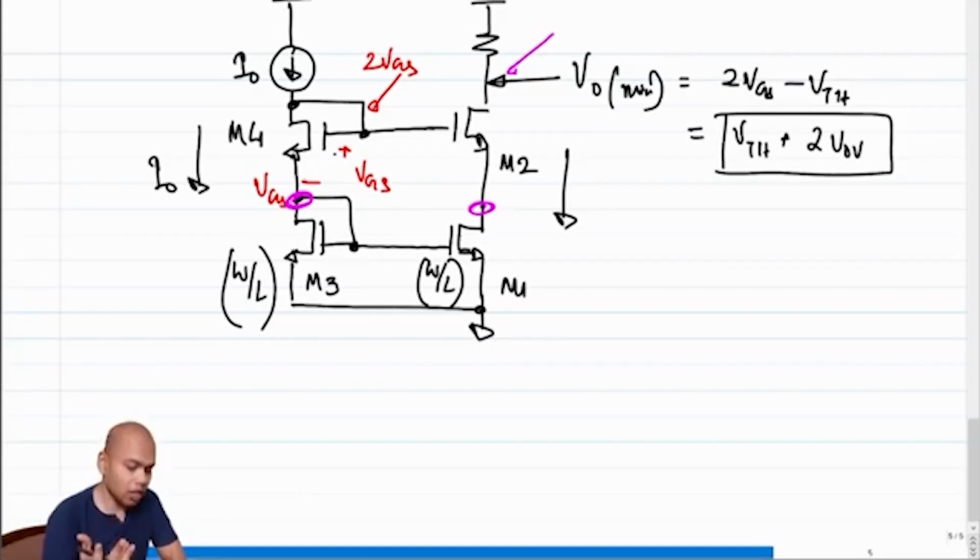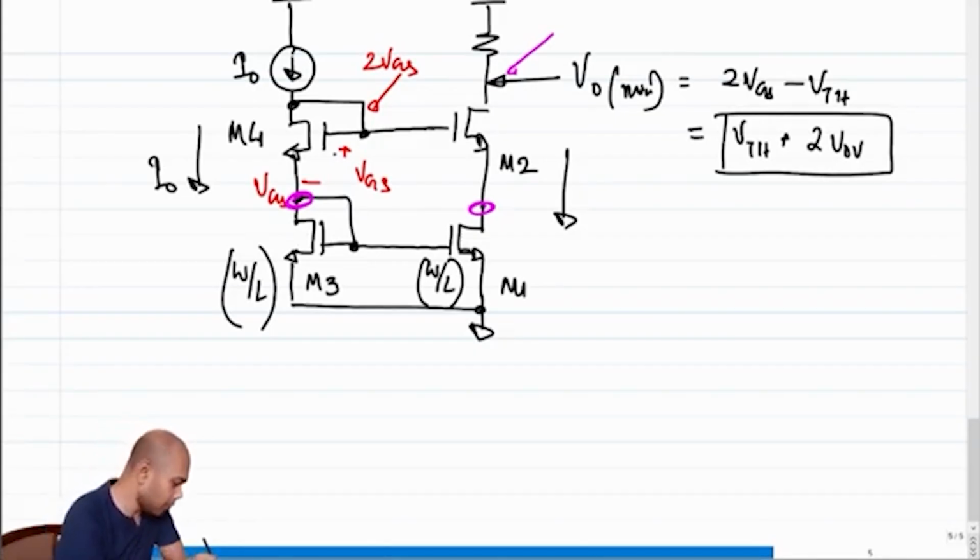To the first order we have been ignoring this effect up until now, but we still have that lambda VDS term for M2, right? So the drain voltage of M1 will get affected by the drain voltage of M2, but not by a significant amount. Had it been a common source amplifier without the cascode stage, the output voltage variation would have directly affected the drain voltage of M1, but in this case it will not affect it as much, right?